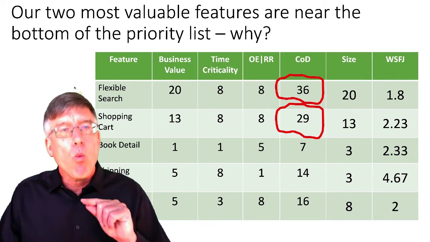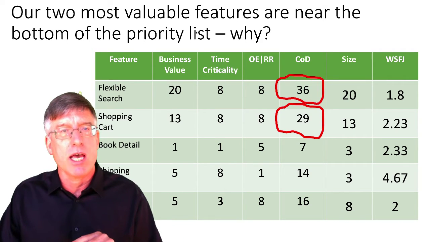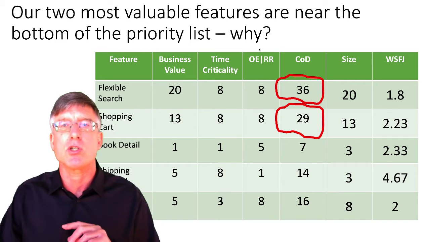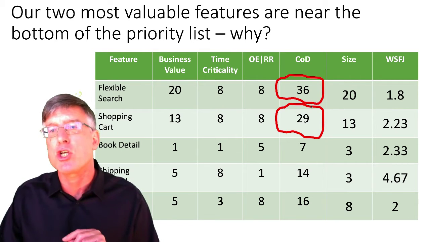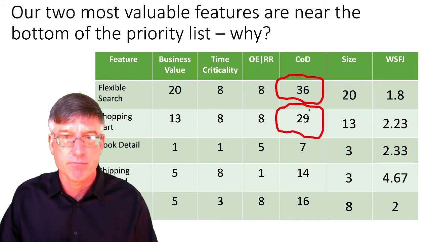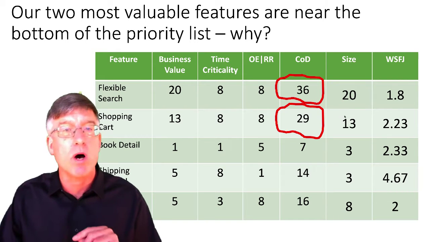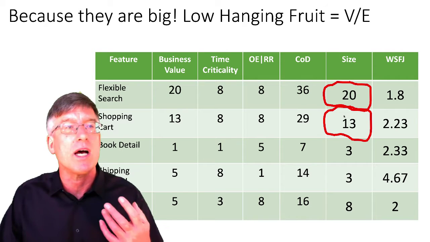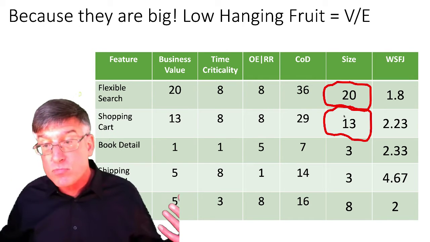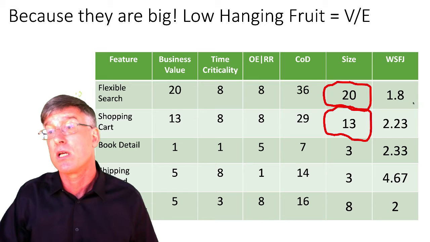But look at why this is really happening, okay? Our 2 most valuable features are near the bottom of the priority list because they're big. They're huge. And that is what is causing our problem for us.